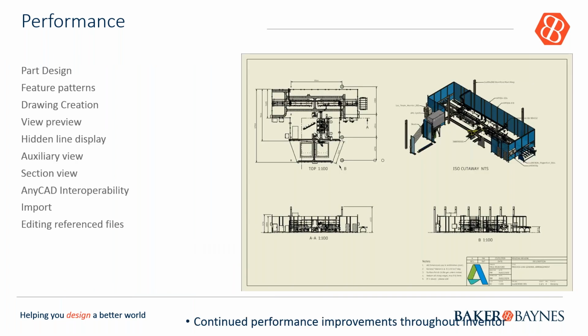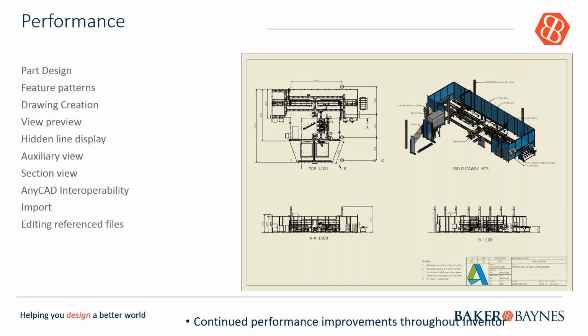Staying with the performance side of it, on the part side, feature pattern performance is improved for nesting feature patterns and also identical feature patterns. Part files with imported DXF or DWG files now open a lot faster.